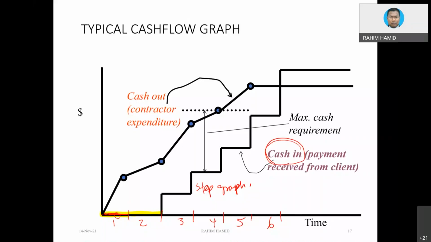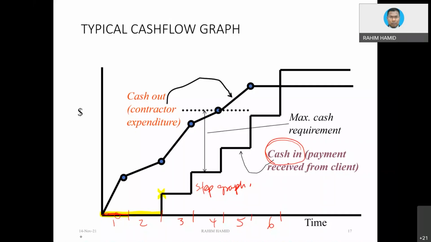At the end of the second month, let's assume, then you will get the first payment. Normally in our calculation, we assume the money will be released at the end of the month. That is the concept, always at the end of the month. You notice that at the end of the second month, there is a value here that I mark by basically this.